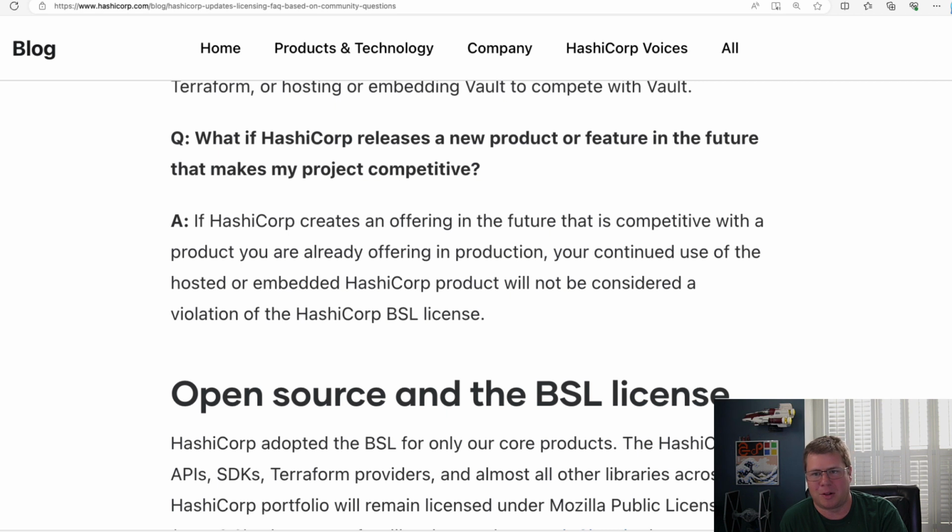If HashiCorp all of a sudden goes into the craft beer industry, I am now competing with HashiCorp in the craft beer brewing space, but that doesn't affect my use of Terraform, right? So it's still covered by the cross-compete clause, but I think it's really a very focused argument towards that FUD about, oh, you never know what could happen in the future.